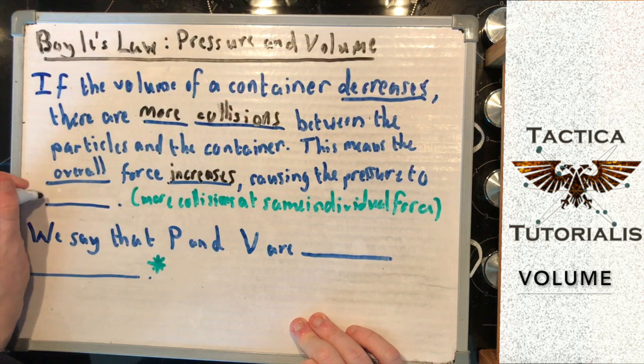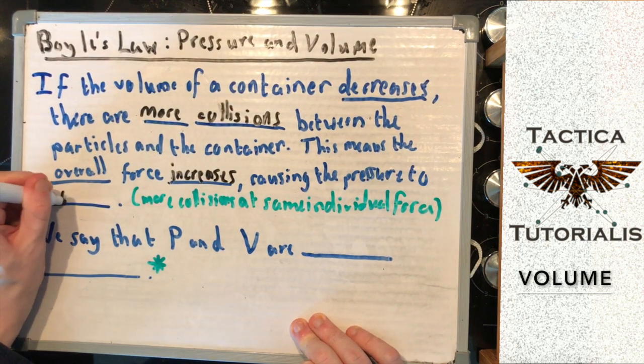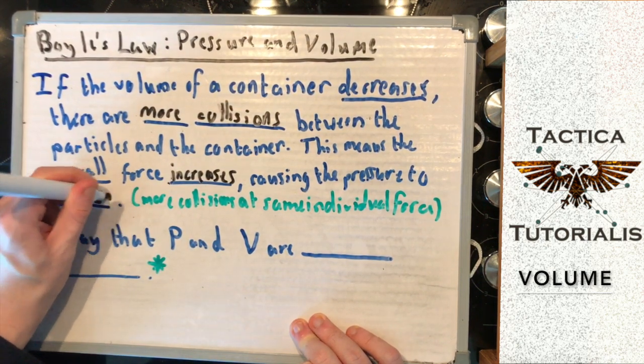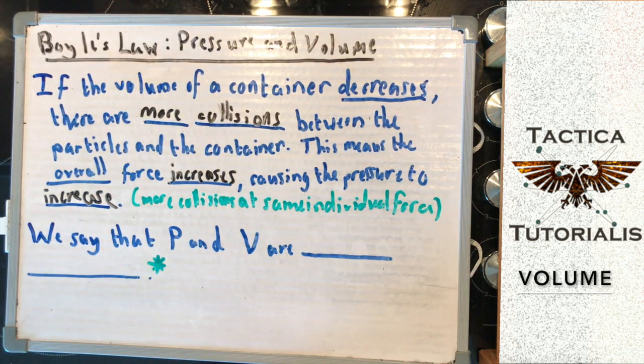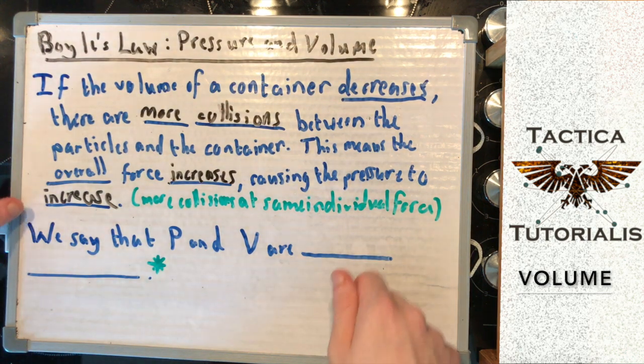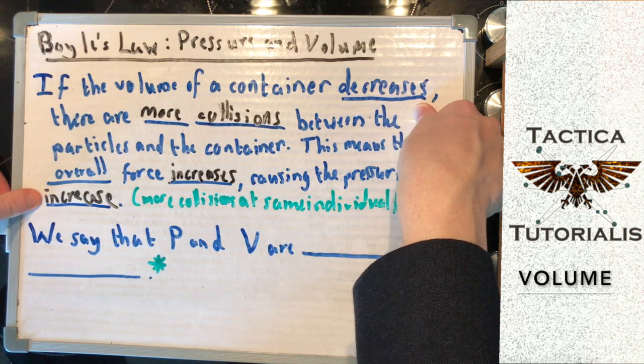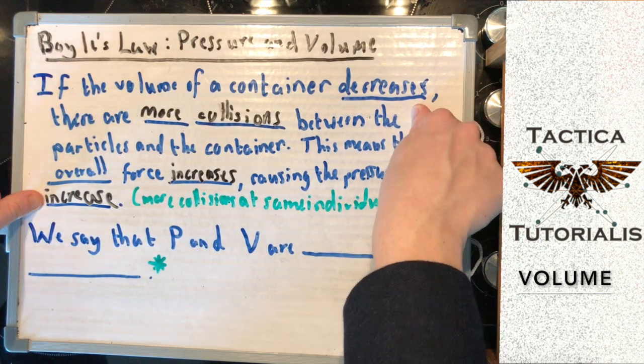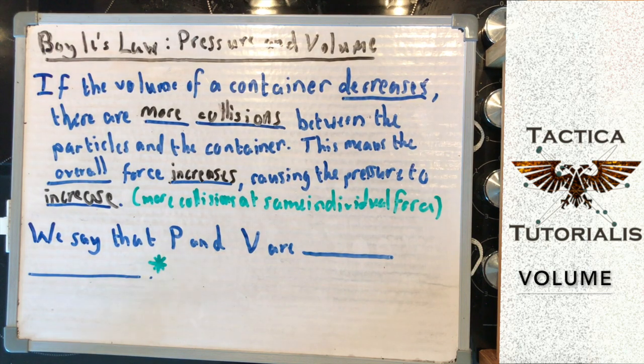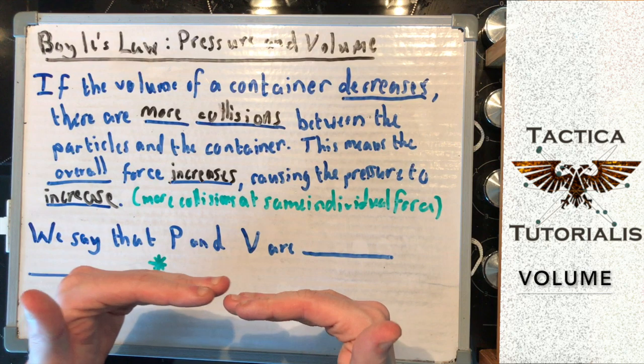And that, as we've seen a couple of times already, causes the pressure to increase, because remember, P equals F over A, as we talked about earlier in the video. So what we've established is that as volume decreases, pressure increases, which is the opposite relationship to what we had with pressure and temperature. They went up together.